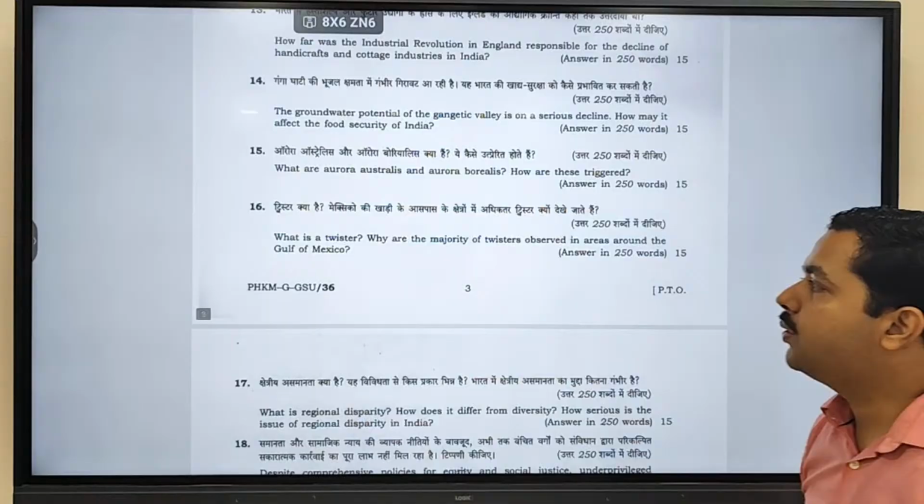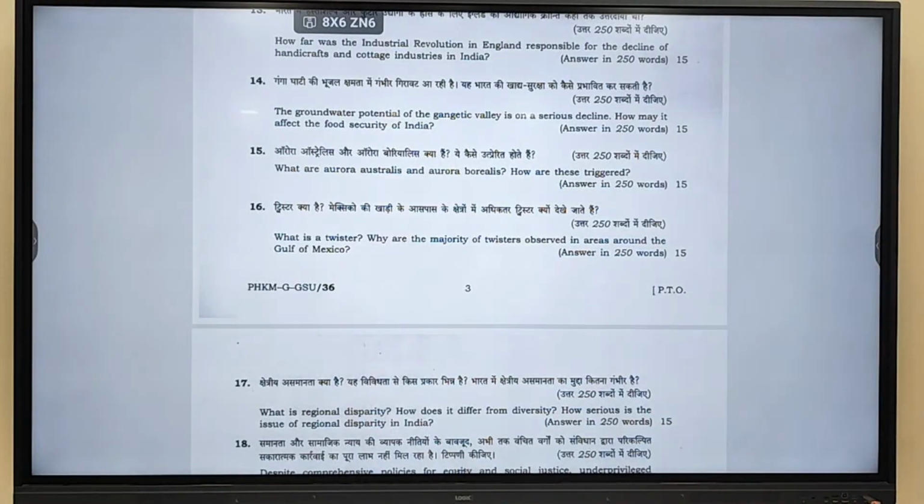Can you see this one? What is a twister? Why are the majority of twisters observed in areas around the Gulf of Mexico? So what is a twister? A tornado. Why are the majority observed in areas around the Gulf of Mexico? We discussed the USA region. You'll see more of this.